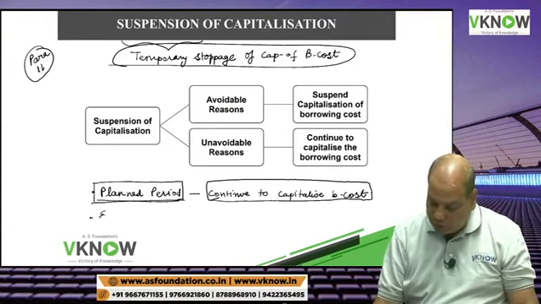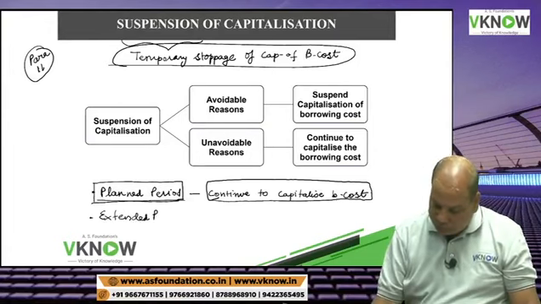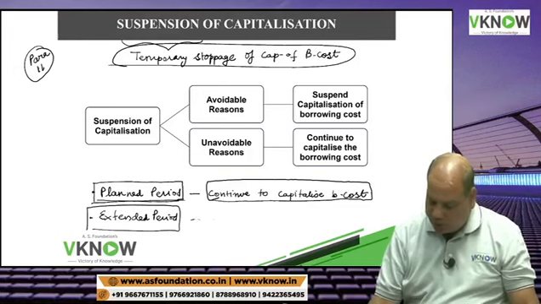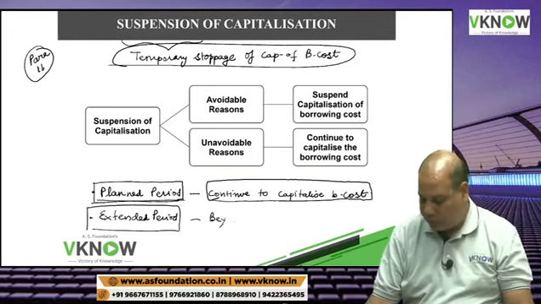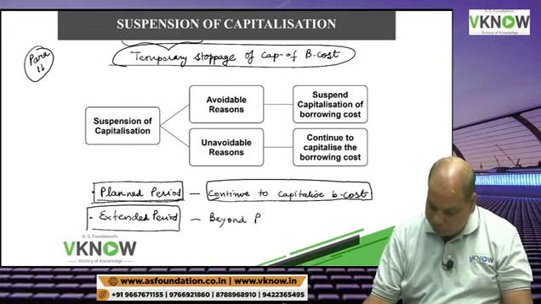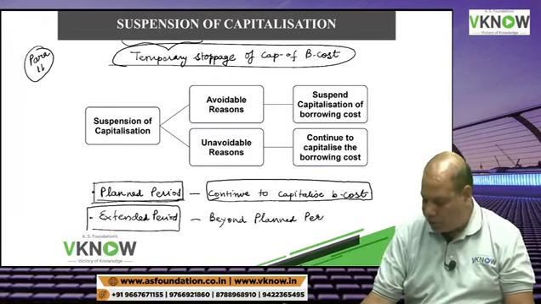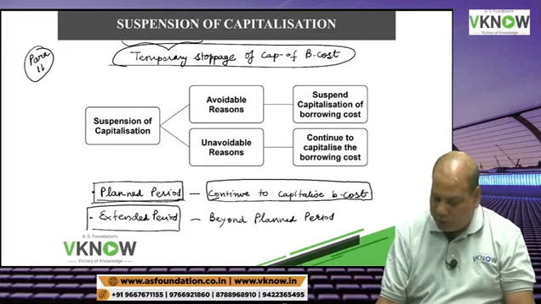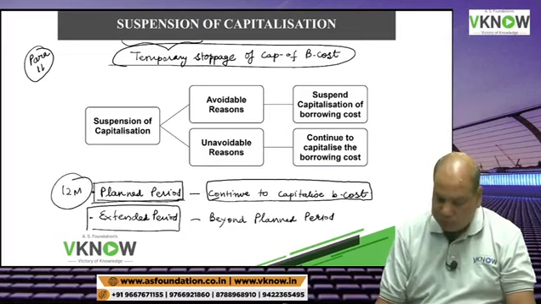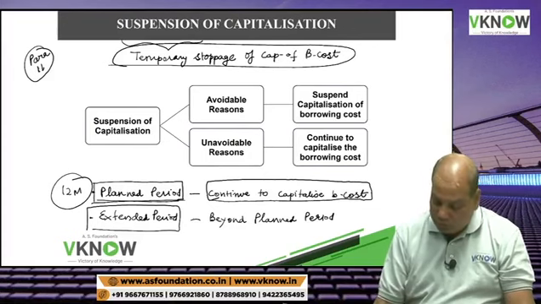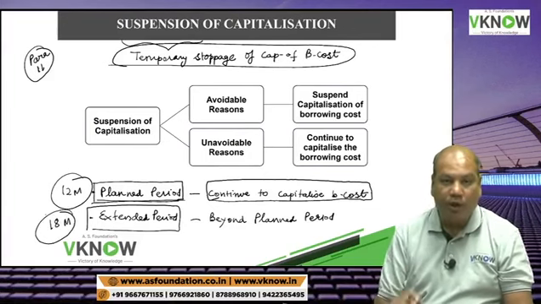Then the second one is called extended period. Extended period means beyond planned period. I had planned 12 months, but suppose it got stretched up to 18 months. Normally it happens.